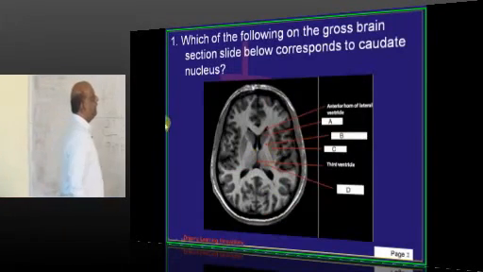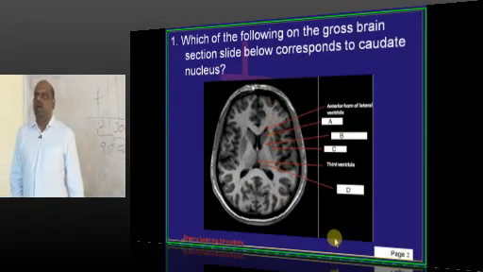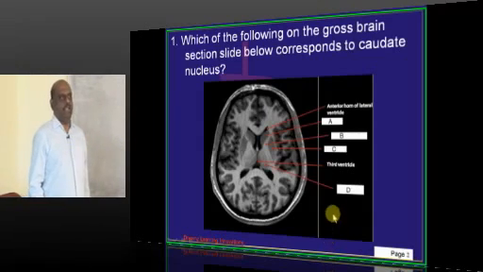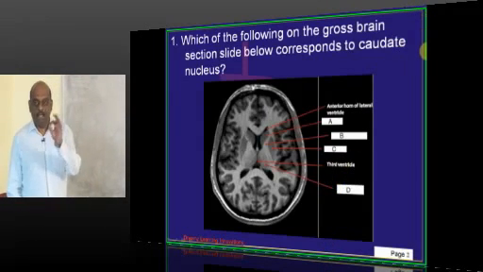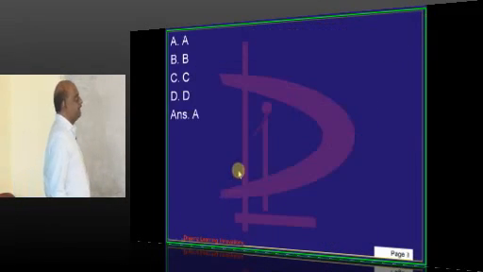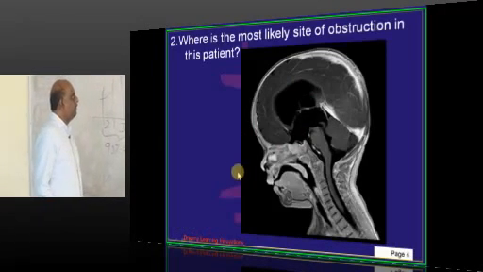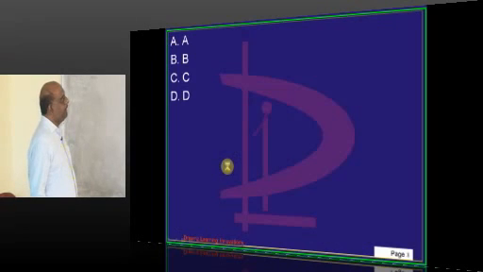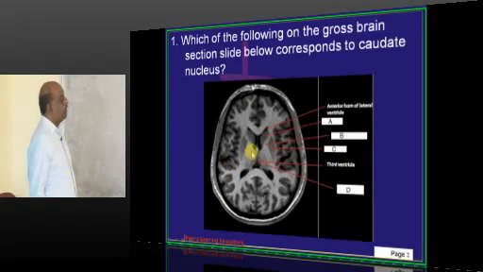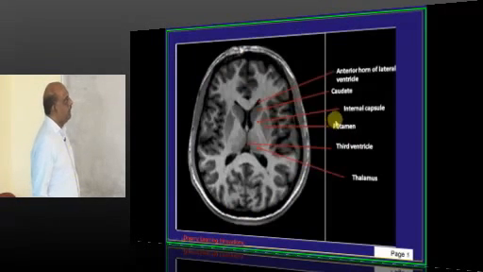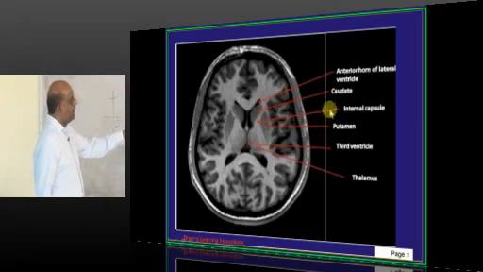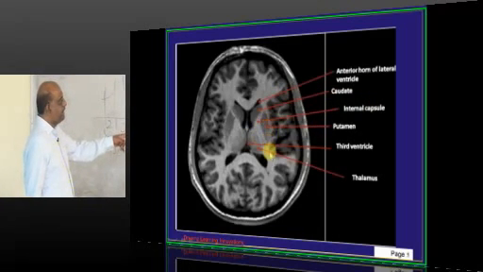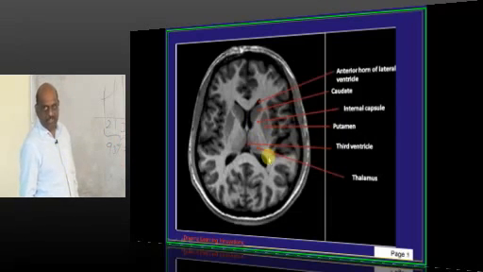Now let's make the great beginning. How to identify the structures on the CT MRI is a favorite question of the examiner. What is being shown to you is basically a putamen, and the caudate nucleus, which is labeled as A. You must know that you have a caudate, and there is an internal capsule where the descending fibers of the corticospinal tract pass.